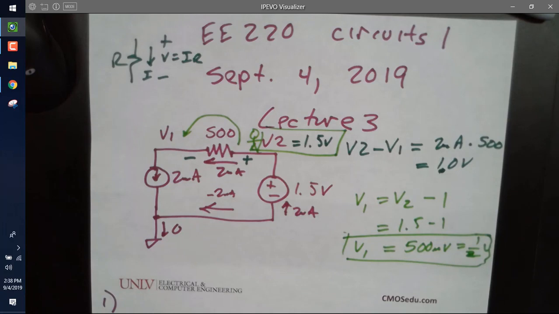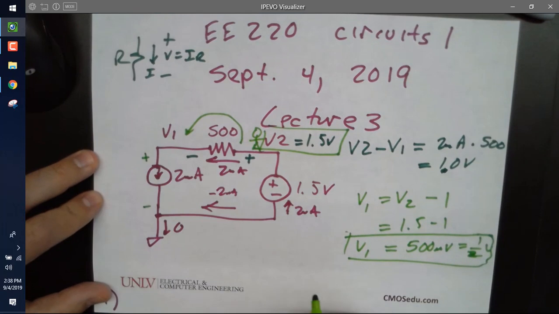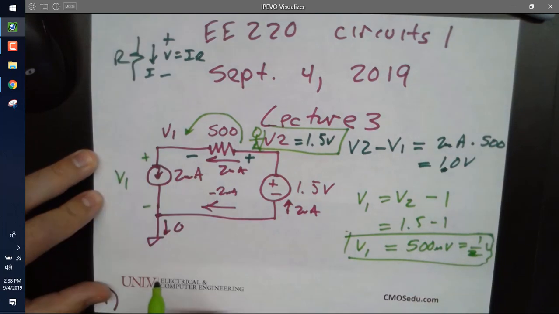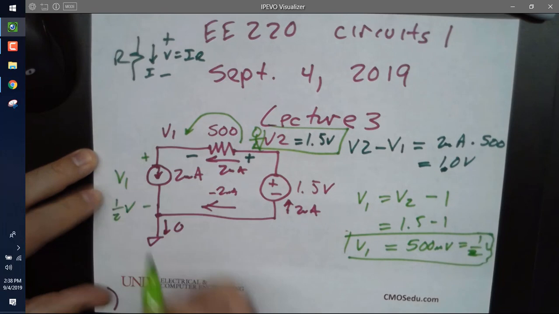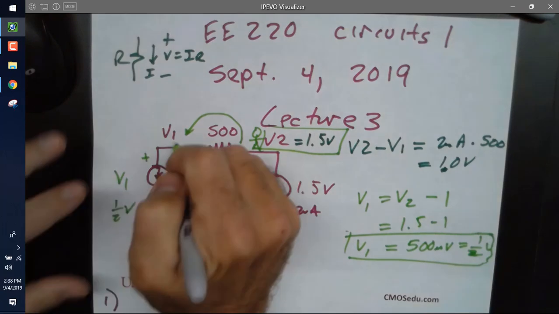So now I say, what's the voltage drop across the current source? Give me 2 answers. What is it? It's V1 or 1/2 volt. Now I'm asking you this because I don't want any of this to be challenging. I went over there, here I am now.